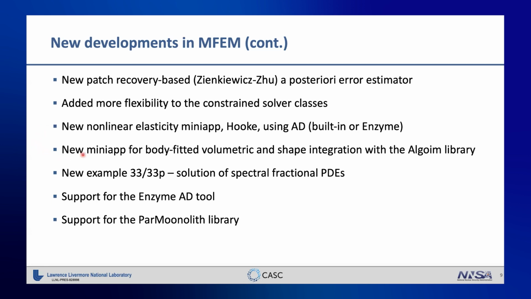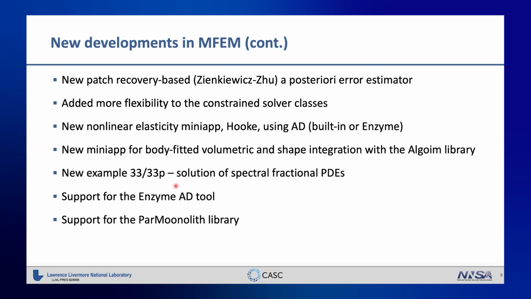Another mini app is a body-fitted volumetric and shape integration using the algoim library that's available as part of the shifted mini apps. So this is a mini app inside the shifted subdirectory. And there is a new example 33 and 33p.